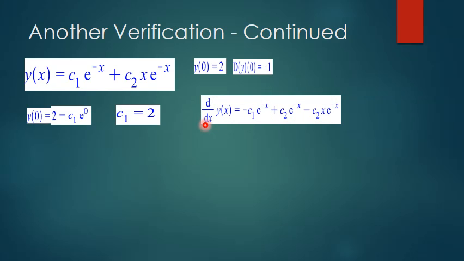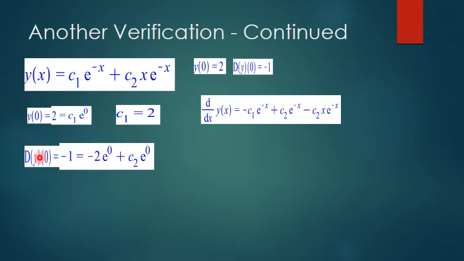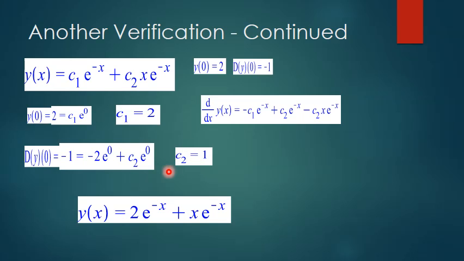And then I'm going to plug in the value for the derivative at x equals 0. I'm also going to plug in what C1 is. Since I know what that is, I'm going to plug that in right here. And this allows me to solve for C2 now. And C2 is 1. So this is my particular solution for this differential equation. This would be a family of solutions.